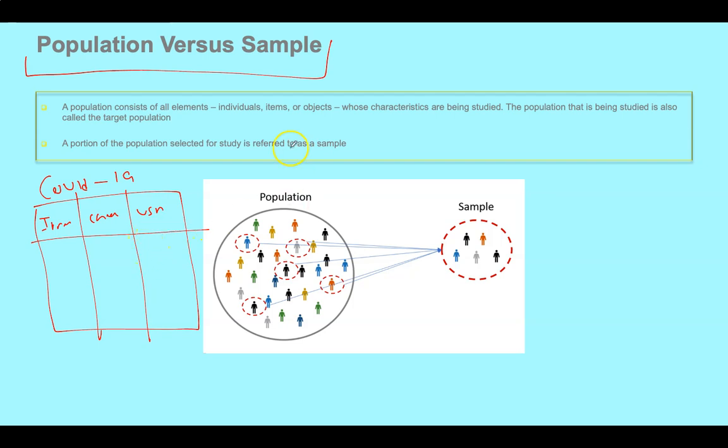Now, based on all the data, if I wanted to do some analysis on India's data, then the total data will be called the population for us, and India's data is the sample on which we're going to do our analysis. So a portion of the population selected for study is referred to as a sample.